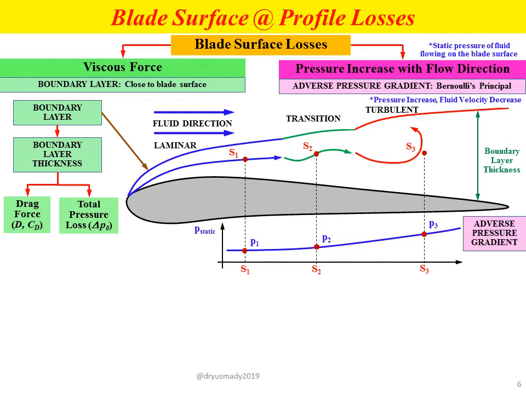Throughout the increase of the pressure, we will have the adverse pressure gradient, where this statement shows the slow development of pressure gradient as shown by the green triangle. This effect of adverse pressure gradient will cause the slowdown of fluid flow in the boundary layer.